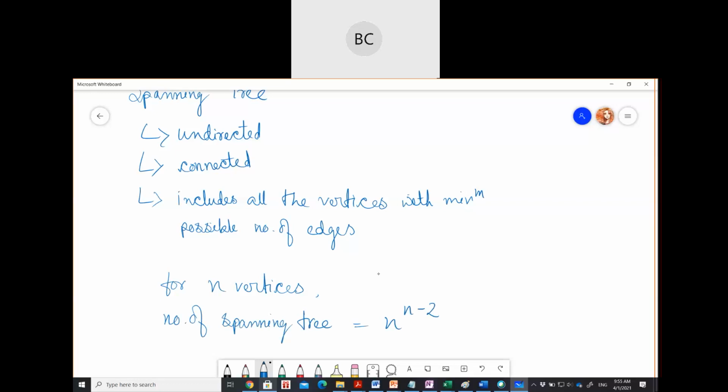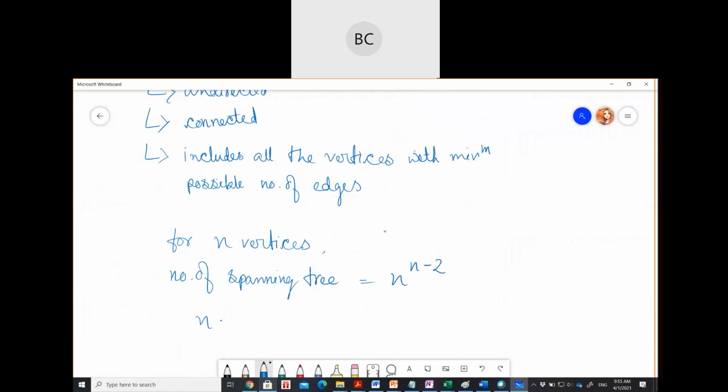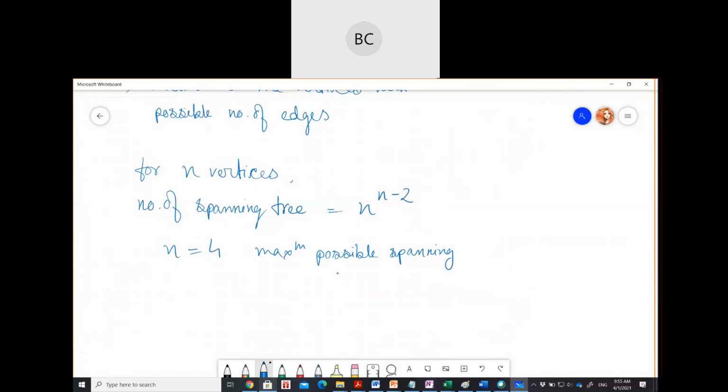Okay, so if you have n equal to 4, what is the maximum possible number of spanning trees? Yes, correct, 16. It's 4 power 4 minus 2, and it's 16. So with 4 vertices you can create 16 spanning trees.